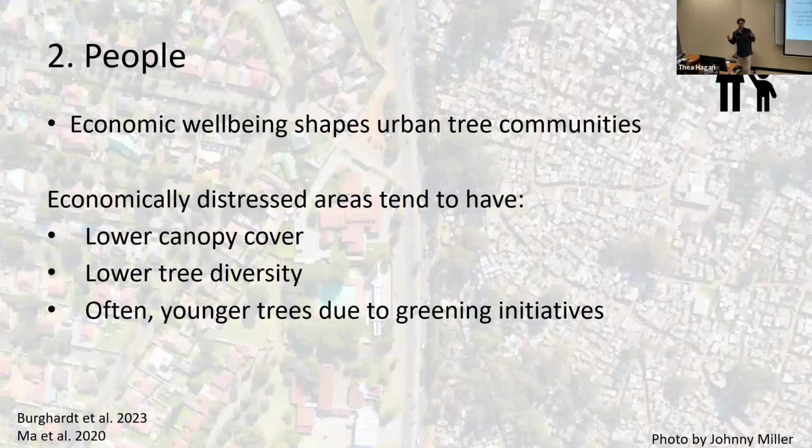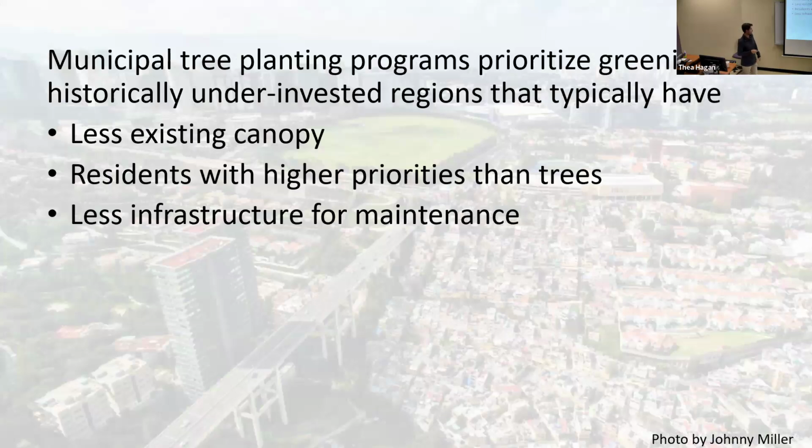So how can we account for that? Or can we account for that when we're making planting decisions? Because we know if we're trying to put vegetation, put trees in these areas that have been historically neglected, those places have less tree canopy. They're hotter, most likely.